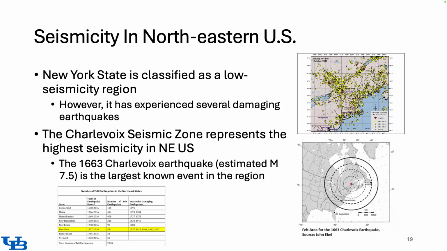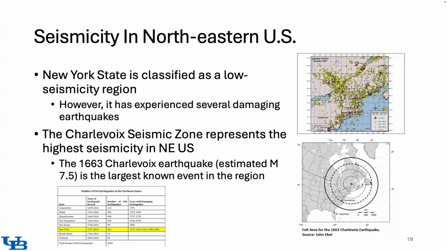And we have a parameter that is called the quality factor that is describing the attenuation, and that essentially translates to: if you were to plot the amplitude of ground motion as a function of distance, how fast that slope decays has to do with that quality factor.